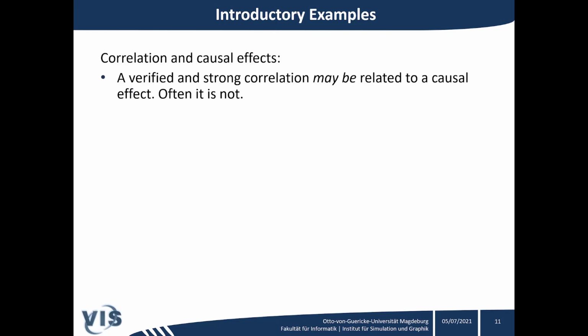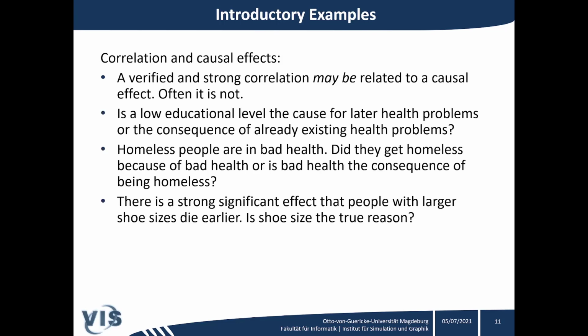Another important aspect is the relation between correlation and causal effects. A verified and strong correlation may be related to a causal effect, but often this is not the case. Is a low educational level the cause for later health problems or a consequence of already existing health problems? So homeless people are in bad health. Did they get homeless because of bad health, or is bad health the consequence of being homeless?